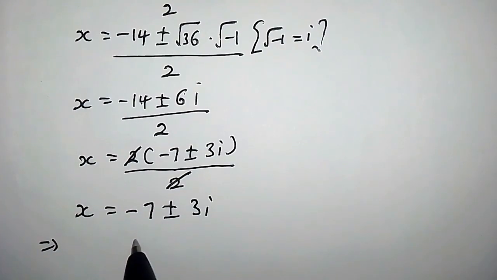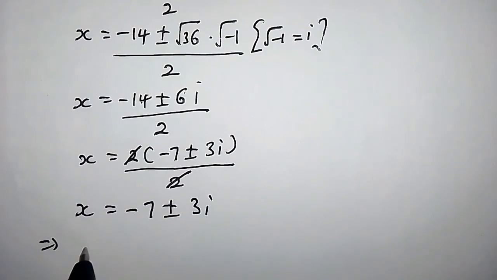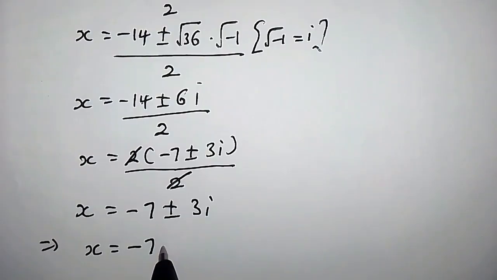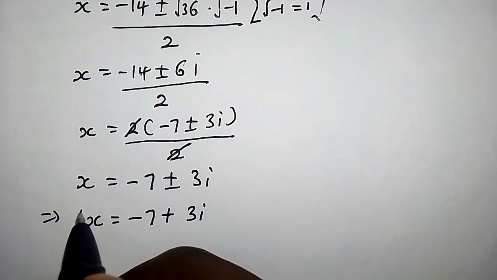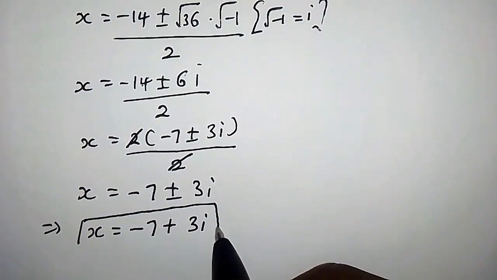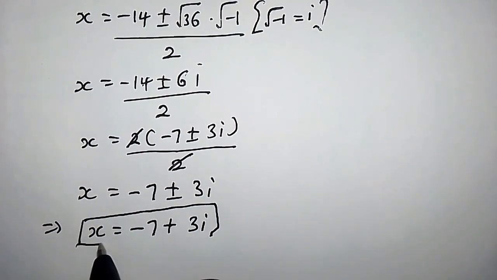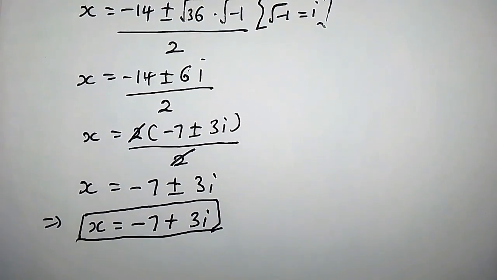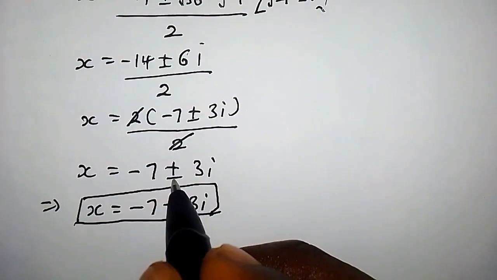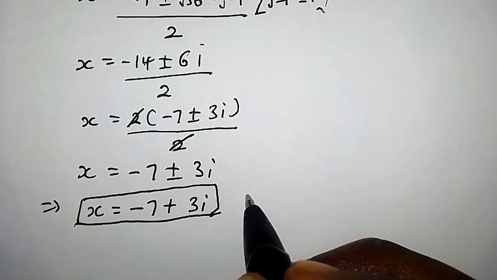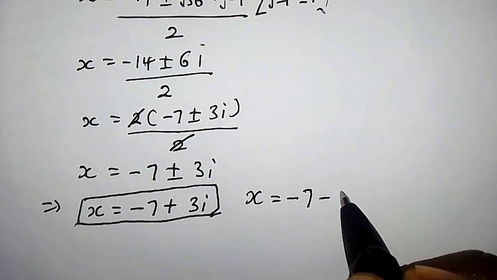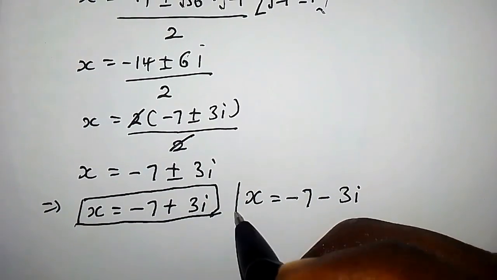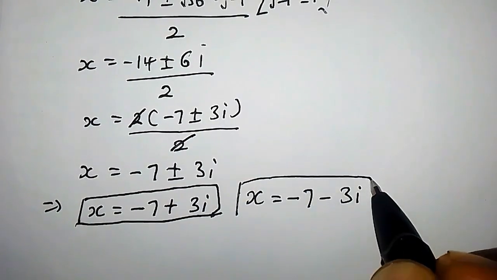Considering the positive sign, x is equal to minus 7 plus 3i. This is one solution. And if we consider the negative sign, we have x equal to minus 7 minus 3i. This is another solution.